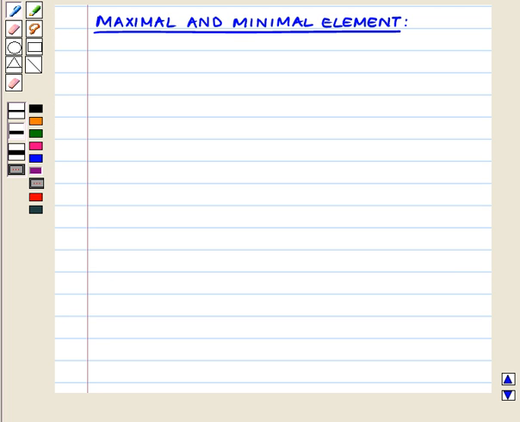Now let us discuss maximal and minimal elements. Let the ordered pair (S, precedes or equal to) be a poset.